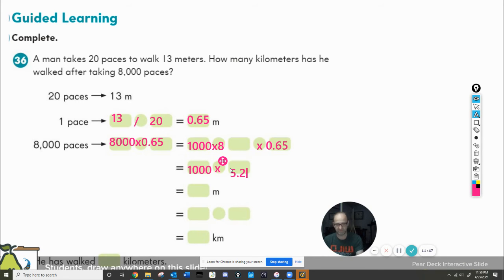Okay, so then that's going to give you 5,200 meters. Then they want you to take the 5,200 and divide it by 1,000 to get 5 2/10 of a kilometer. Boy, reread all of this again. It's just unnecessarily, yeah, aggravating.